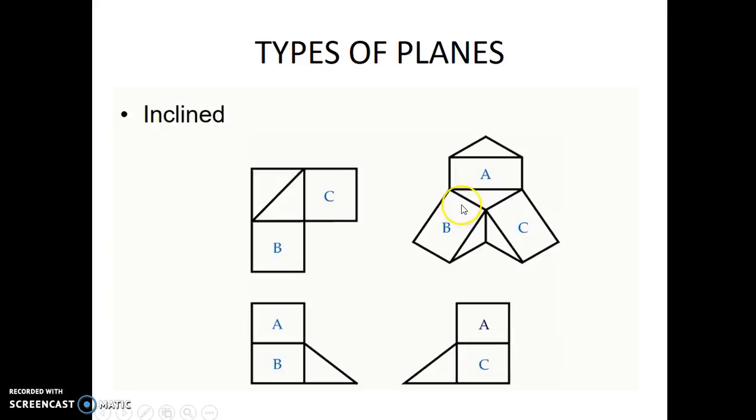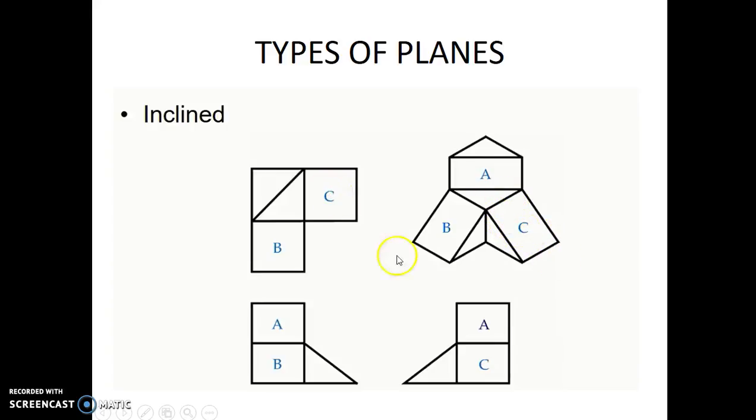Let us see the projection of this plane obtained in the front and the top view. This plane being inclined to the front view is seen as a foreshortened shape in the front view. Similarly, in the top view also, this is seen foreshortened. There is the same case with surface C also.